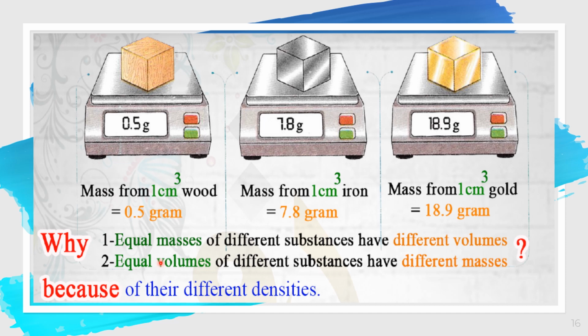And in another example, equal masses of different substances have different volumes. This question is so important: why do equal masses of different substances have different volumes, and why do equal volumes of different substances have different masses? The two questions give the same answer: because of their different densities.